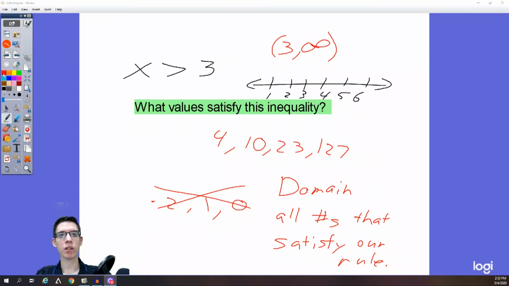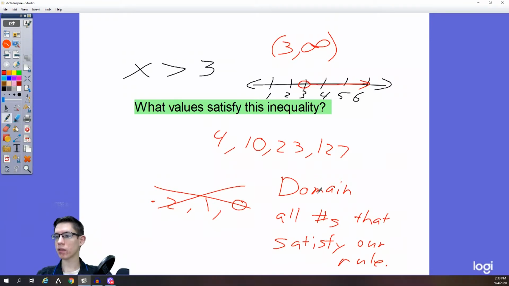And we'd say, okay, we can't include 3 because it's not x greater than or equal to 3. It's just x greater than 3, everything above 3. So we put an open circle here, and we draw a line going to the right. And we indicate with an arrow that it goes forever.